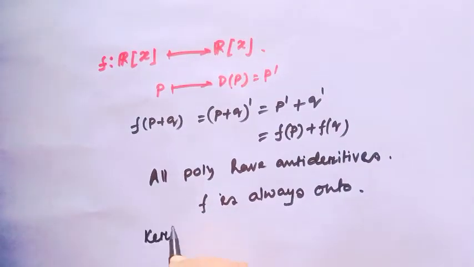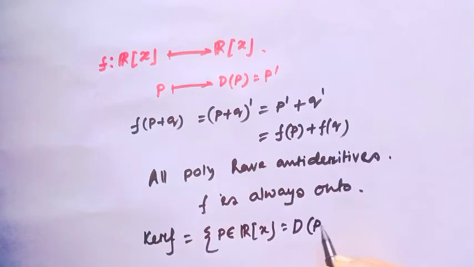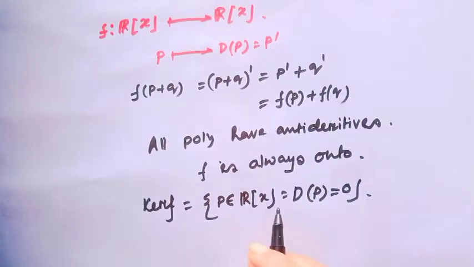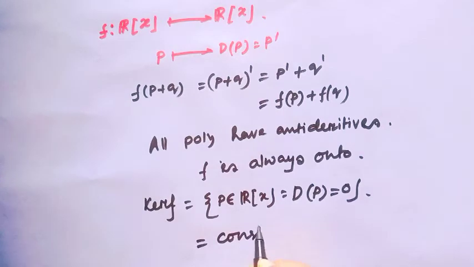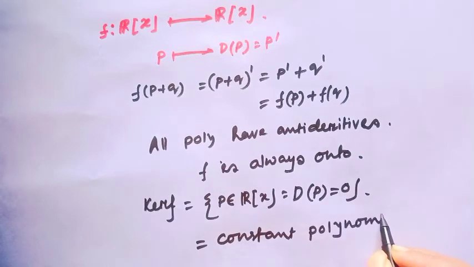We all of us know, kernel of f equals the set of all polynomials in the group, that is R[x], such that dp = 0, because here the function is defined as the derivative of the polynomial, and this happens only for constant polynomials, because we all know the derivative of a constant polynomial is always 0.